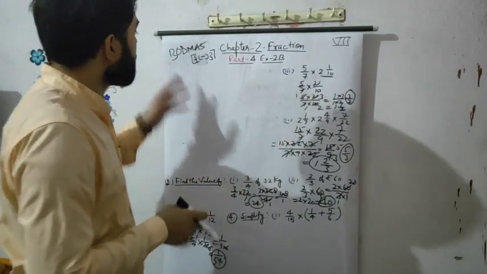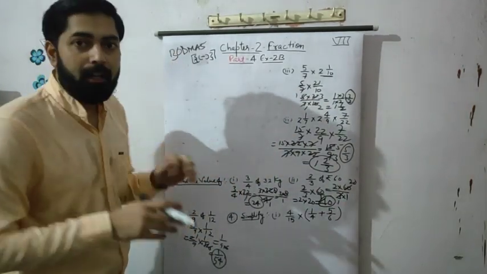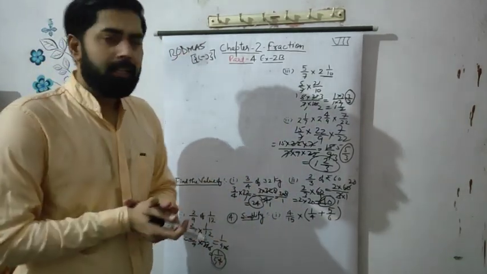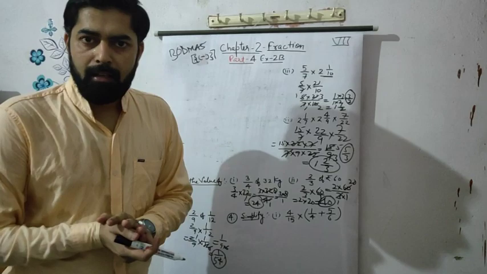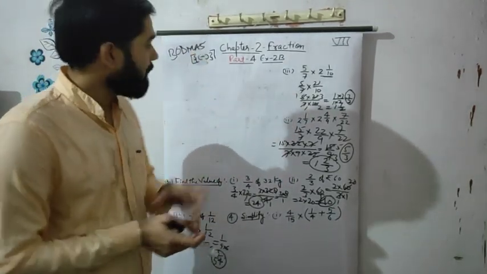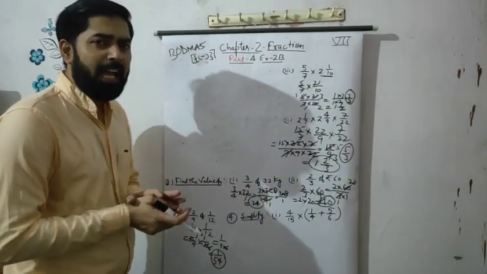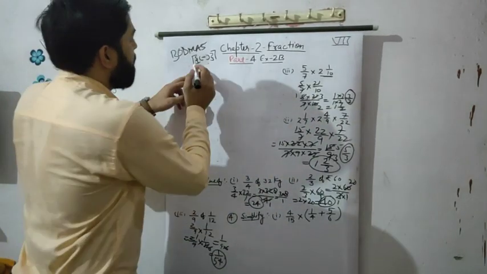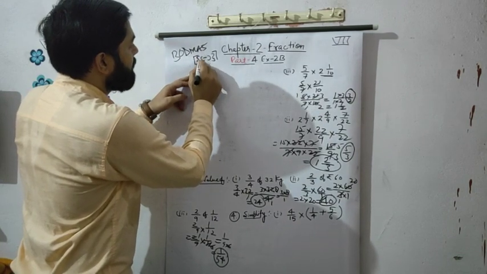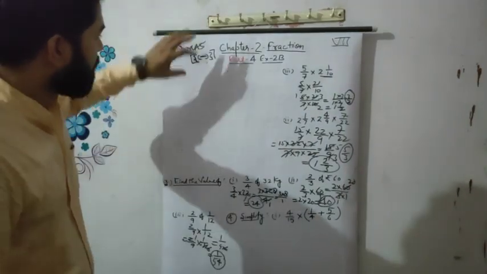Now the fourth question is simplify, and we know very well how to solve simplification. We solve simplification by the BODMAS rule. B for bracket, O for of. Of means multiplication. D for division, M for multiplication again, A for addition, S for subtraction. We have 4 types of brackets here: the square bracket, the curly bracket, the small bracket, and the bar bracket.